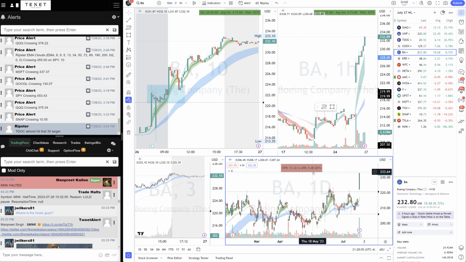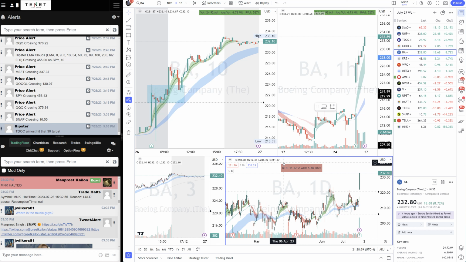If the stock has traded less than its average true range, say the average true range was $5.50, and the stock has just traded $1 on big volume, it can still push more than its average true range, if that's your first target. But if the volume is higher and it started to break its average true range, it can do either 100% or 150% of its average true range.